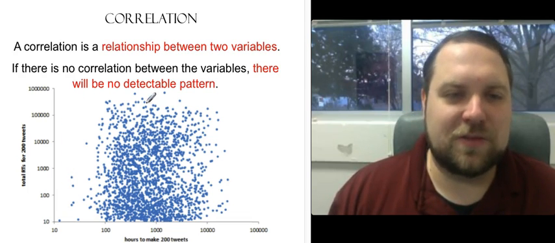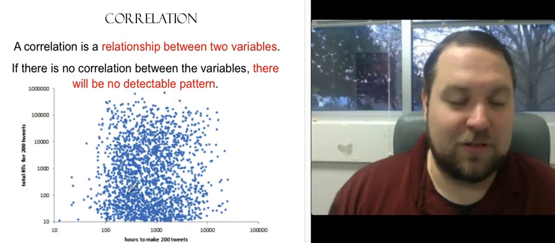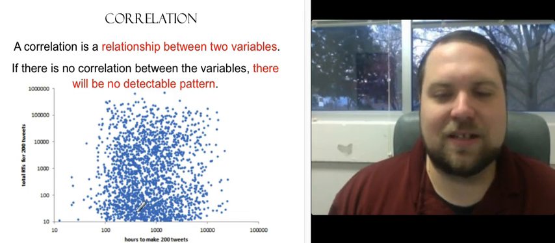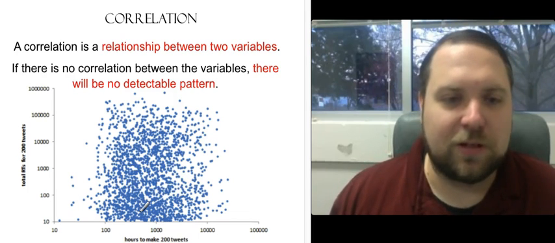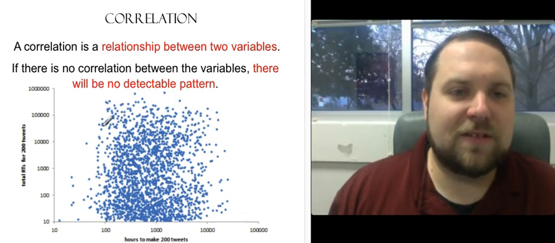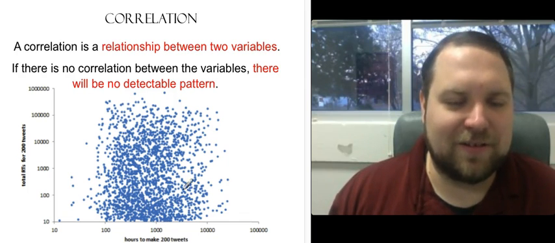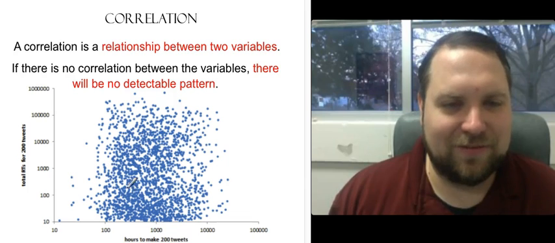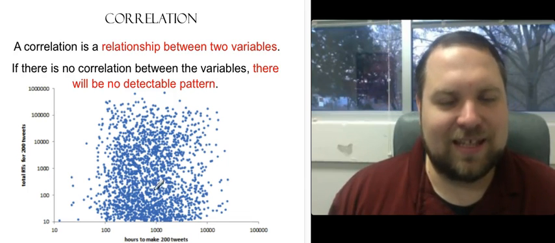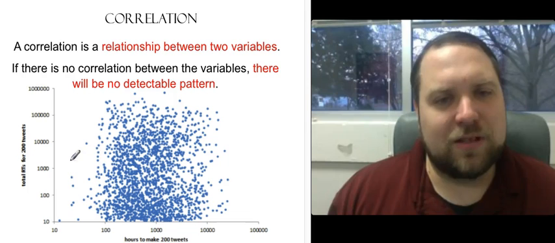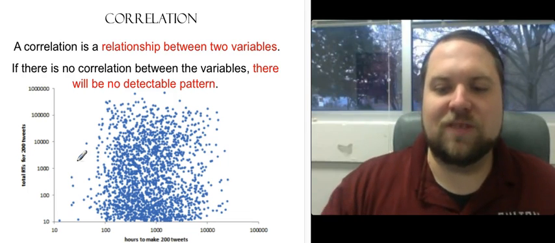And so by knowing there's no relationship between those two variables, it can inform, say, how you use Twitter. So if there is no detectable pattern, there's no line I can draw through this, there's no shape in this graph, we say there's no correlation and there's no relationship between the variables.